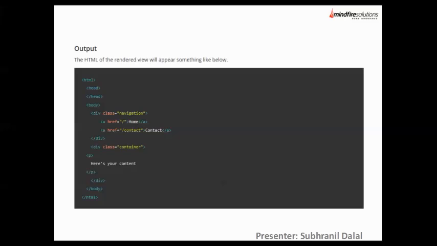Now, if you see my main layout, then I extend it in another page, and let's see how the output will come. Here you see all the common page, and the container is replaced with the content I put in the other page where I extended the main layout.